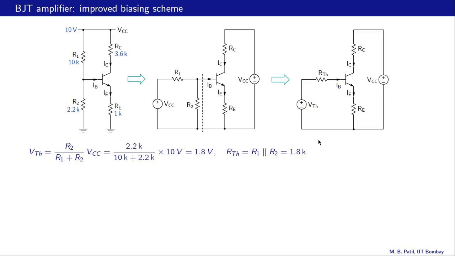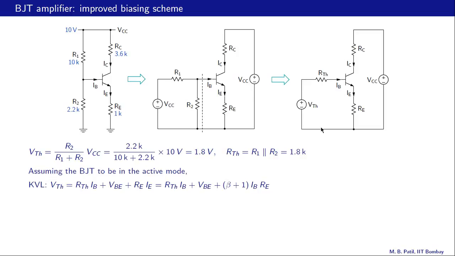And now we know everything about this circuit here, and let us now write the KVL equation for this loop, assuming that the BJT is in the active mode. So what does KVL say?